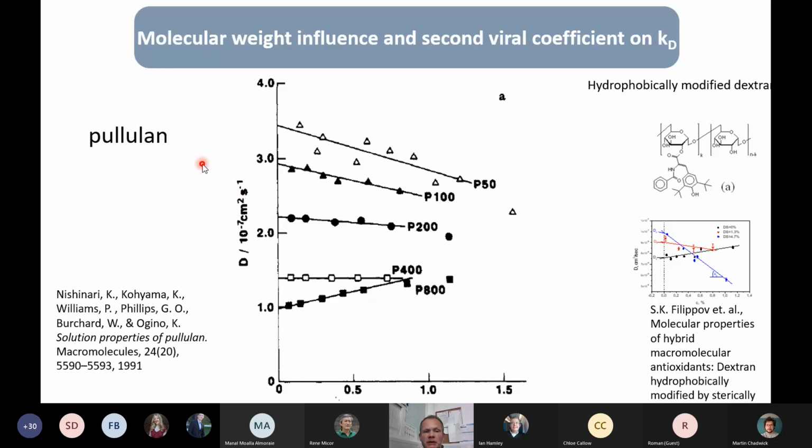Japanese scientists studied pullulan, a nice polysaccharide polymer, with different molecular weights: 50 kilodalton, 100, 200, and 500 kilodalton. They measured the diffusion coefficient as a function of pullulan concentration in solution, and you can see that this diffusion coefficient is clearly concentration dependent.